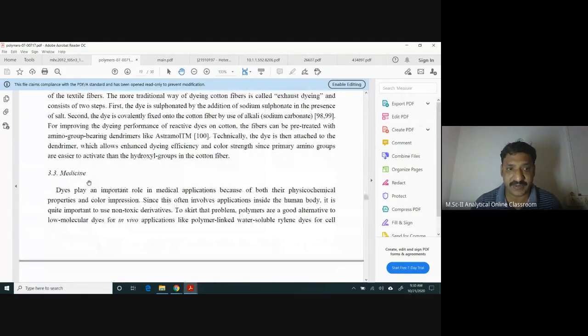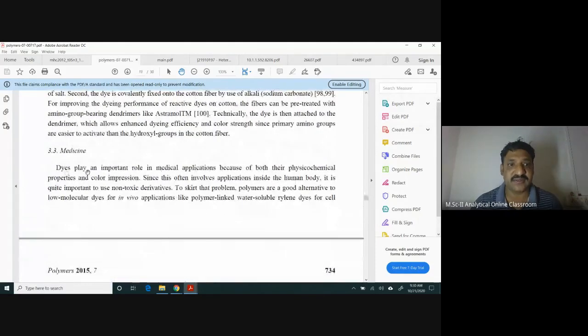Medicinal application: dyes play an important role in medical applications because of both their physicochemical properties and color impression. Since this often involves application inside the human body, it is quite important to use non-toxic derivatives to solve that problem.